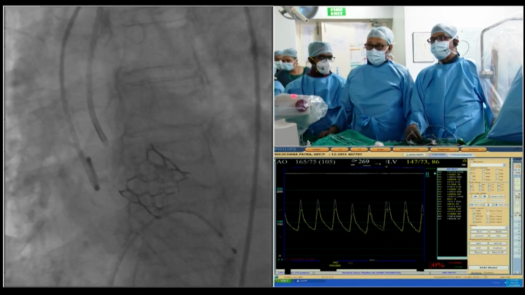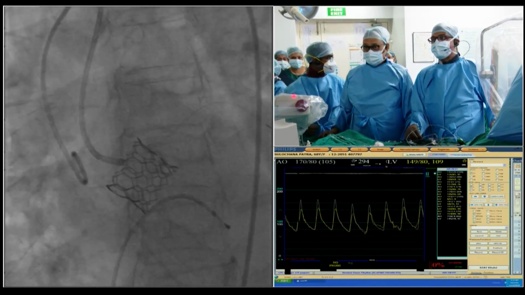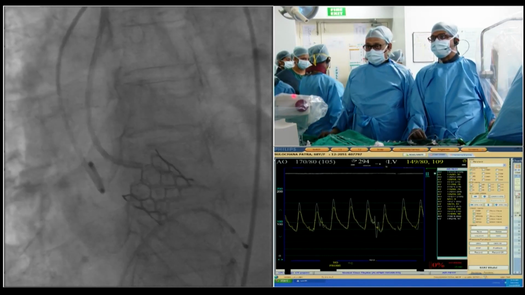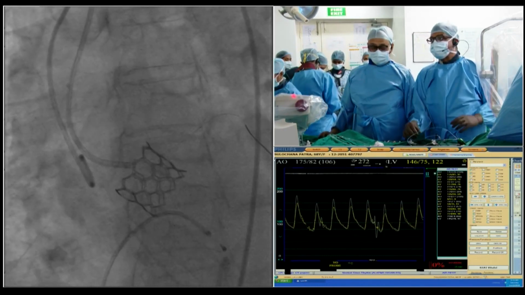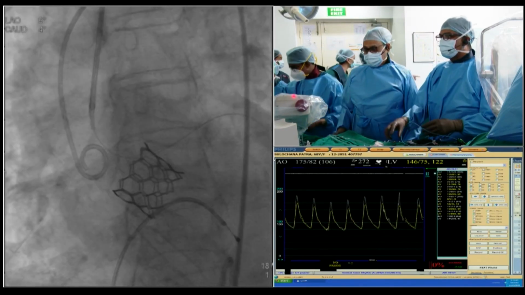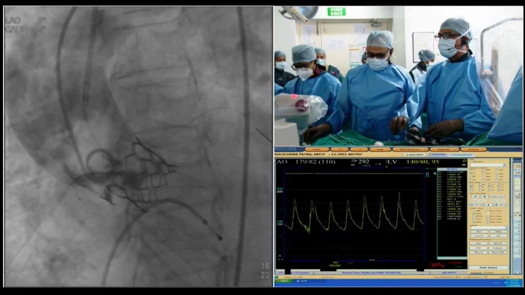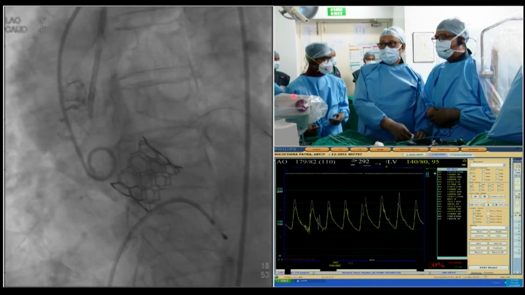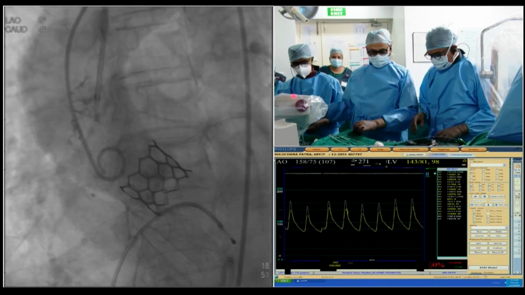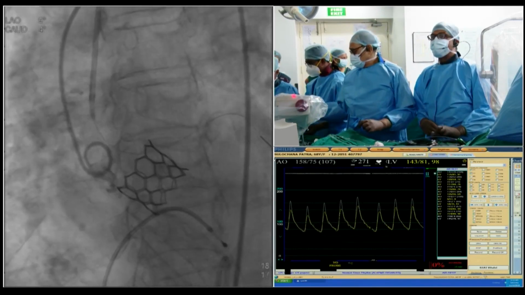For the time being, I chose balloon expandable in this patient with a small annulus. I agree that with small annuli you might be left with a higher gradient with balloon expandable, but here we got a great result. The hemodynamics are okay and there is no AI. And we'll put a stent right now. We chose a 4/12.